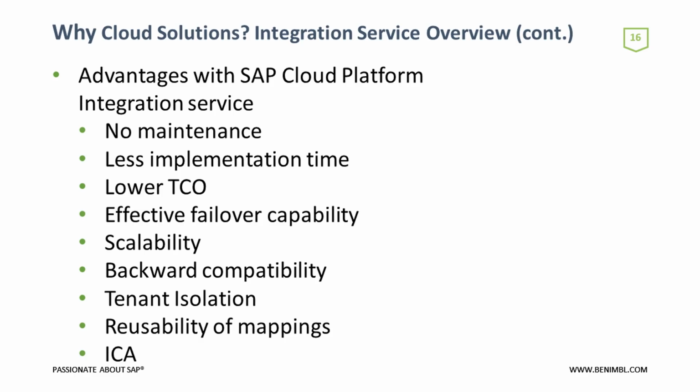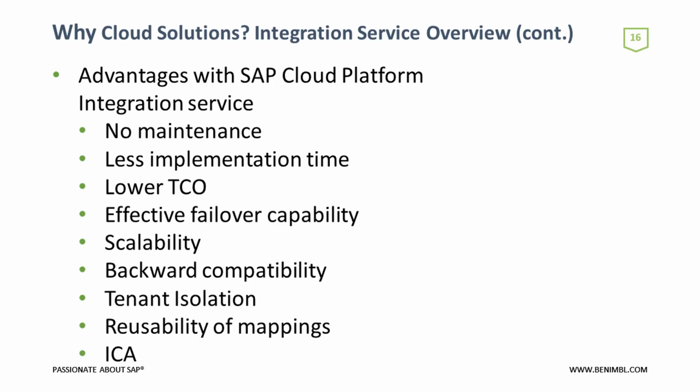Effective failover capability. SAP Cloud Platform Integration Services uses node concept, wherein it would be a seamless transition. If in case a node fails, then automatically the other node will be up and running, and it has dynamic scalability. For the customers, depending upon the data volume, the systems can be scaled, and there is no need to worry about increasing the memory depending upon the data volume.